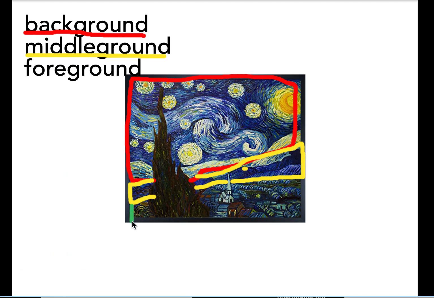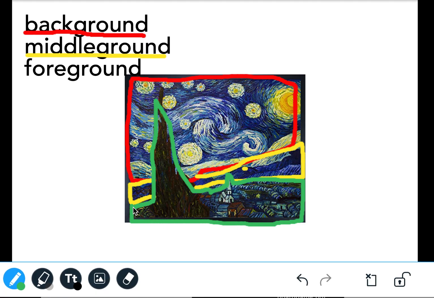Okay, so switch my color. So down here where we see the cottages, as you remember from our previous lesson, the cottages, the church here, chapel, and then this large kind of towering structure. This all would be considered the foreground, what appears closest to us.